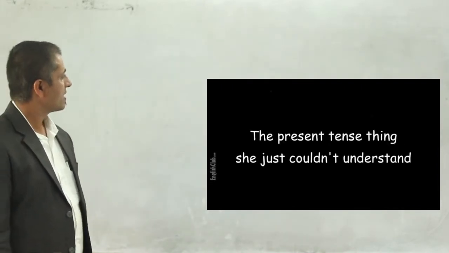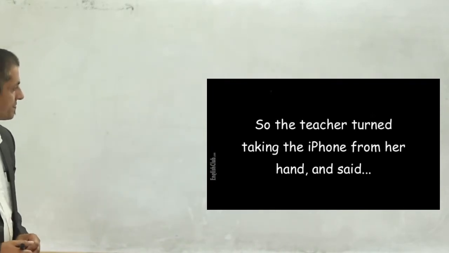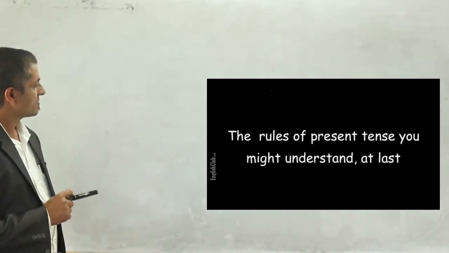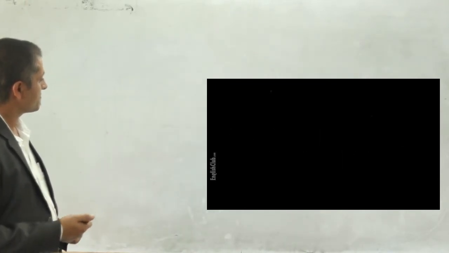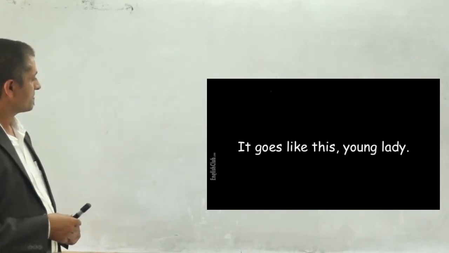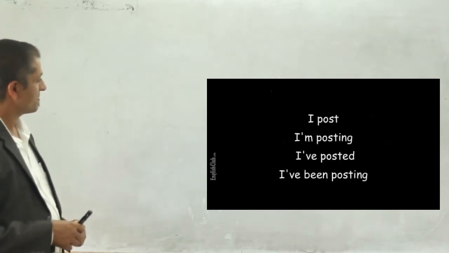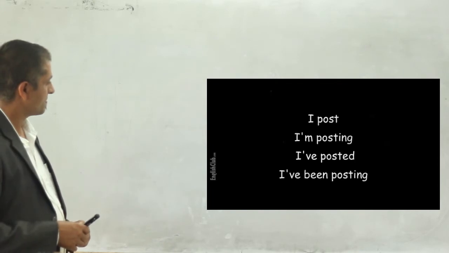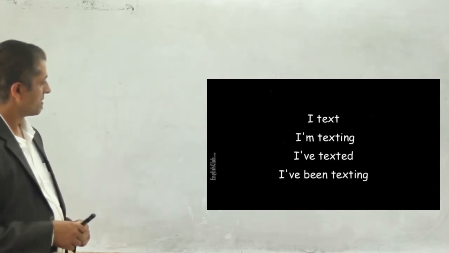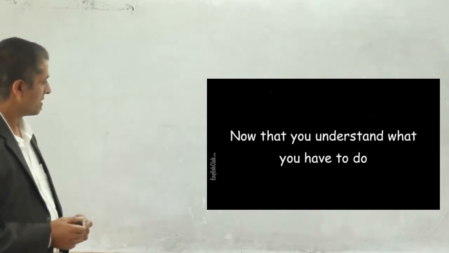The present tense thing she just couldn't understand. So the teacher turned, taking the iPhone from her hand and said, if you stop playing with your phone in my class, the rules of present tense you might understand at last. Take a seat, I'll try to explain the game. It goes like this, young lady. I tweet, I'm tweeting, I've tweeted, I've been tweeting. I post, I'm posting, I've posted, I've been posting. I upload, I'm uploading, I've uploaded, I've been uploading. I text, I'm texting, I've texted, I've been texting. Now do you understand what you have to do?